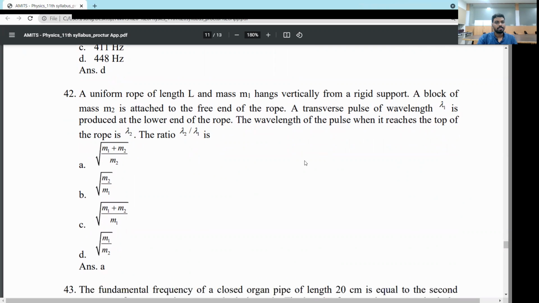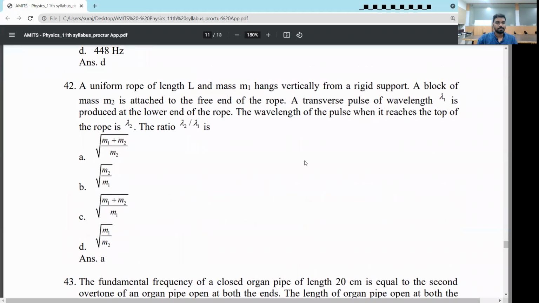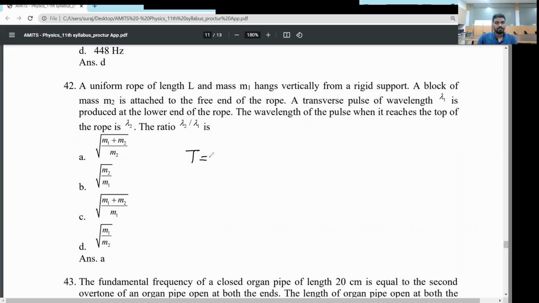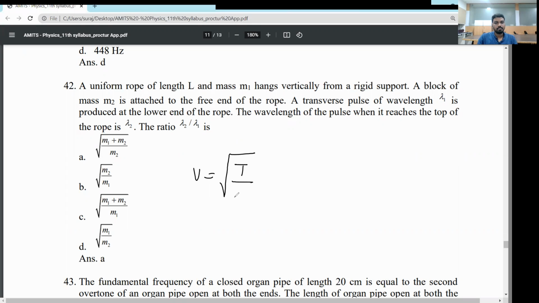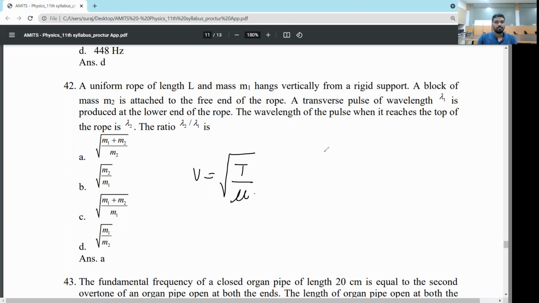Find λ2 by λ1. So here, tension, velocity of the wave equals root over T by mu, where mu is mass per unit length.